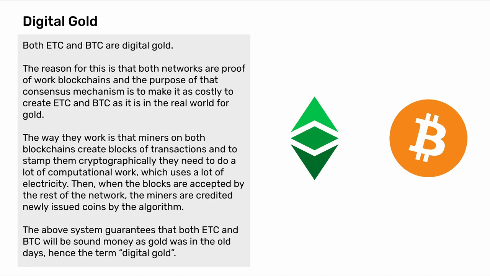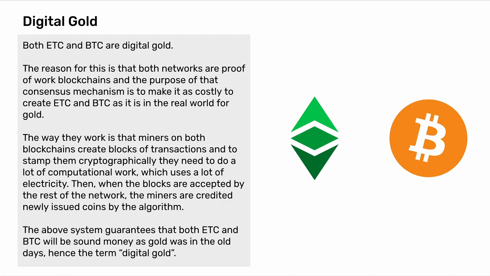Digital gold. Both ETC and BTC are digital gold. The reason for this is that both networks are proof-of-work blockchains, and the purpose of that consensus mechanism is to make it as costly to create ETC and BTC as it is in the real world for gold.